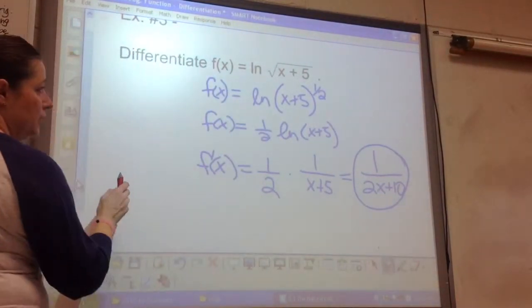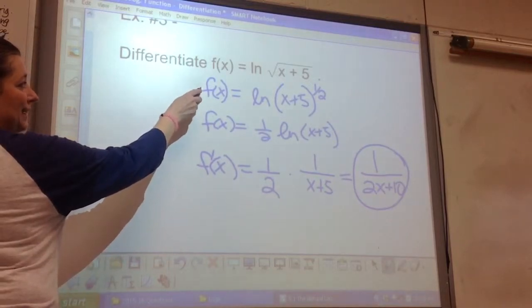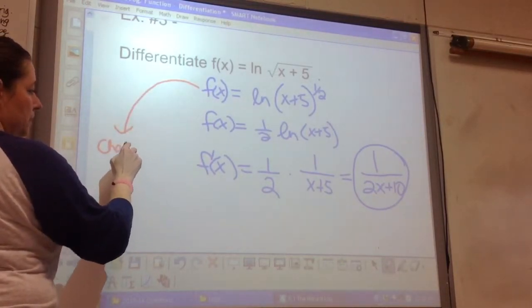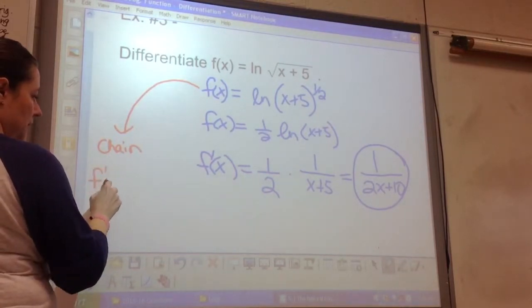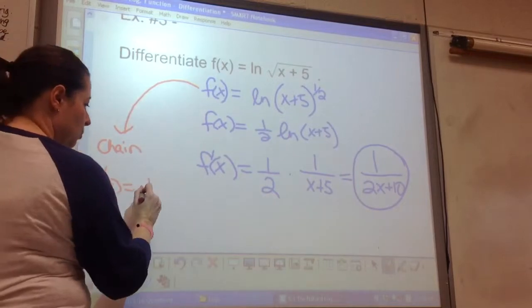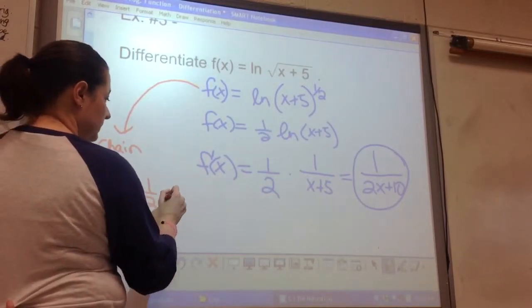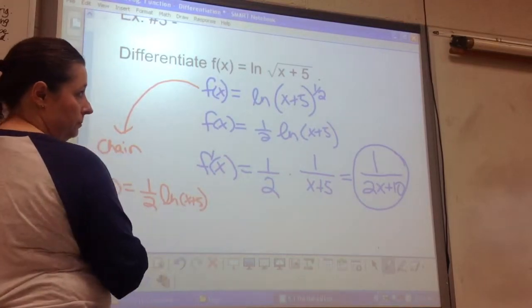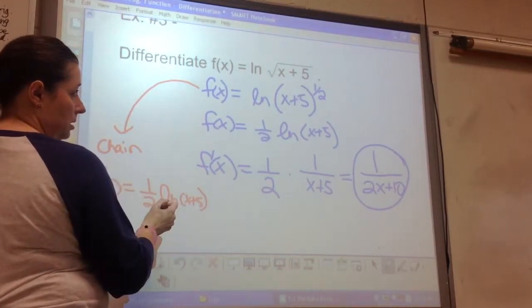Now, I'm gonna go with Tanner's thought, because I'm really not sure. He said, what if we left it like this and did chain? Let's just see. I just hadn't thought about it. So it would be 1/2 ln of x plus 5. Where'd you get the ln of x?